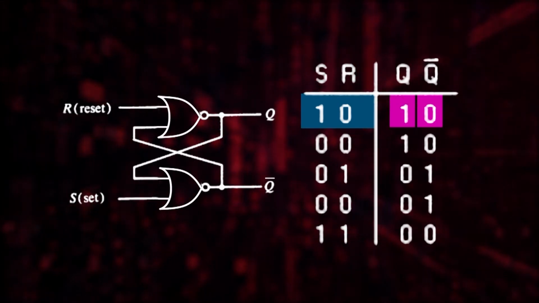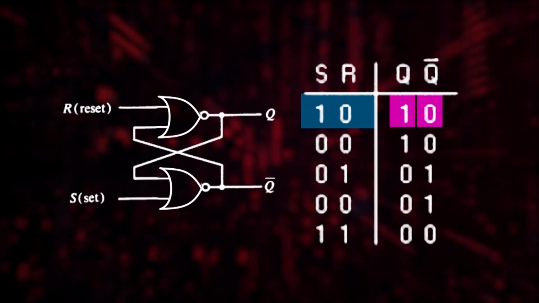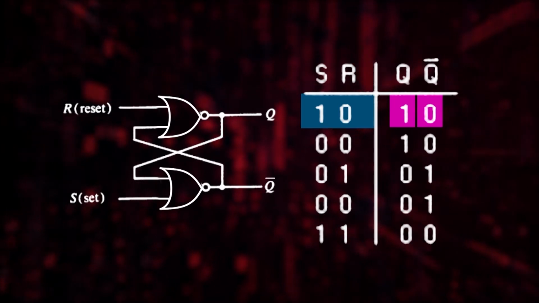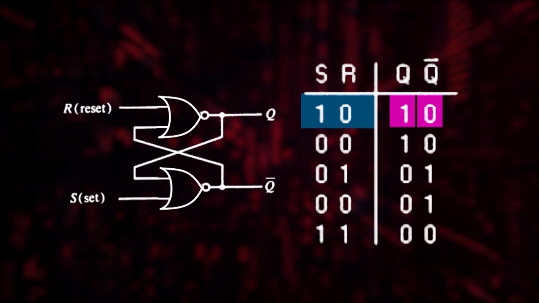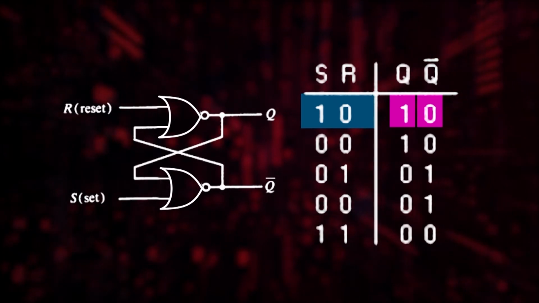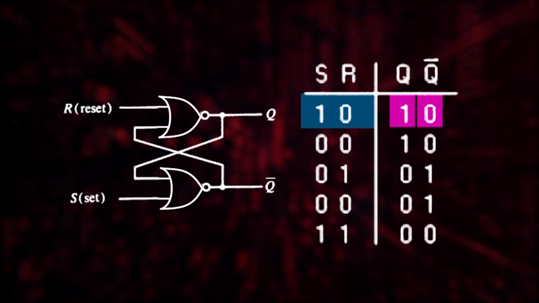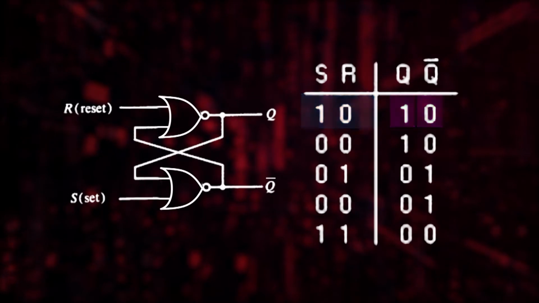So, now we got the outputs, let us verify that. The condition of the latch is that each output should be a complement of the other, and let us check whether it is valid in our case. Yes, it is, because Q and Q complement have values 1 and 0 respectively. This explains the first row of the truth table.